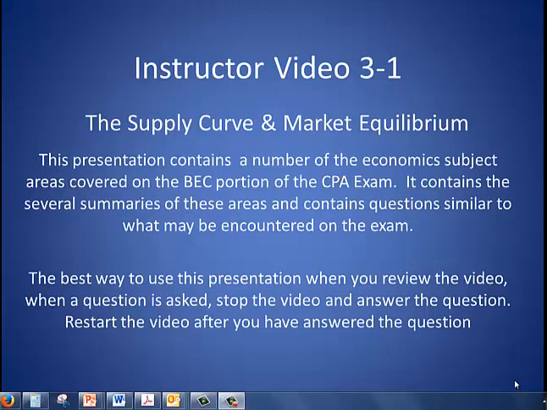Now, this presentation contains a number of the economics subject areas that are covered within the BEC portion of the CPA exams. It contains several summaries of these areas regarding supply curve and market equilibrium, and contains questions similar to what may be encountered on the exam.